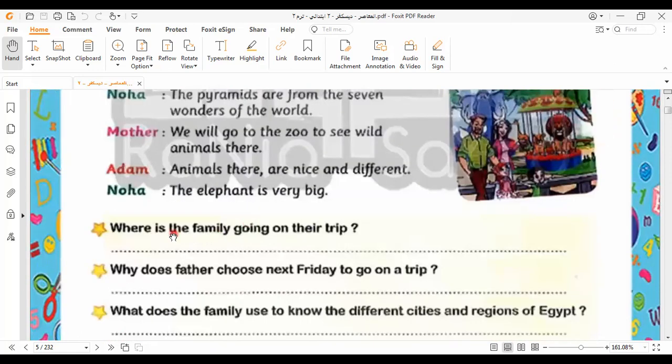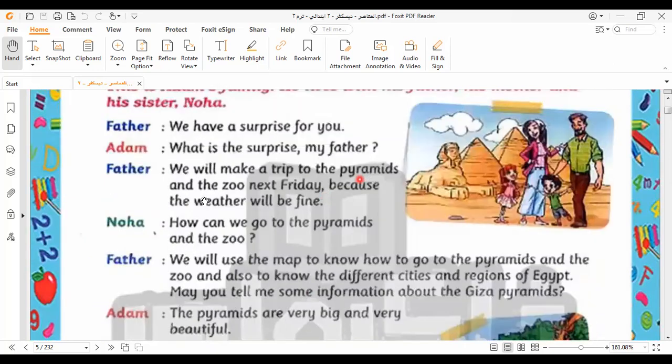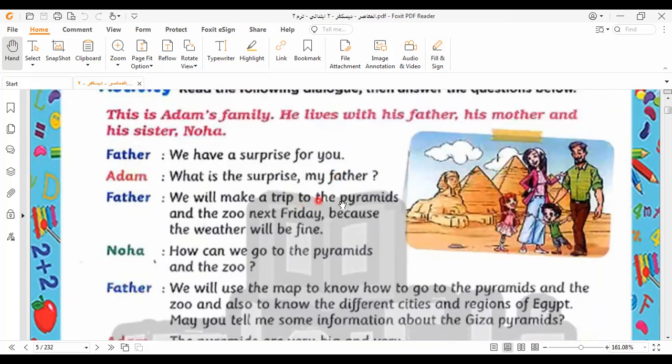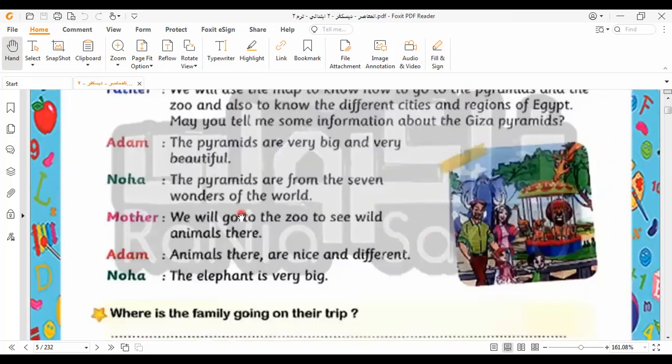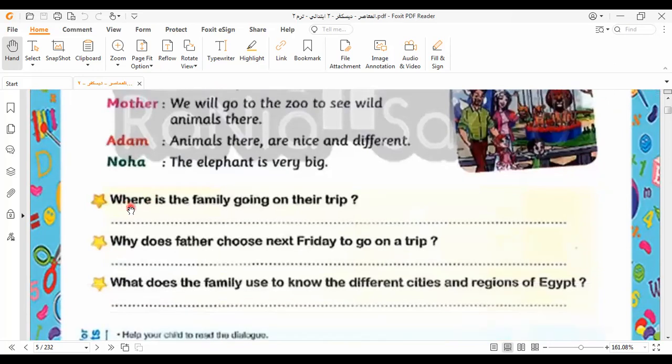Sorry, not the means of transport: where asks about the place. The family is going to the pyramids and the zoo. So I will write: the family is going to the pyramids and the zoo. We had a misunderstanding because where asks about the place, not the means of transport.